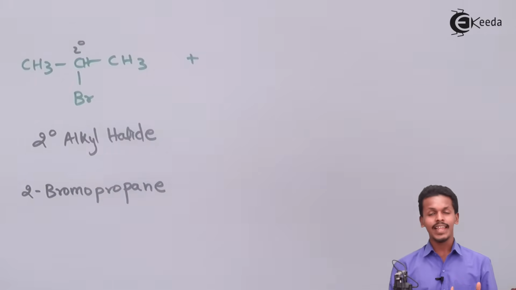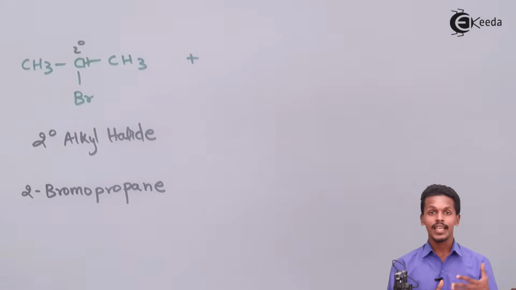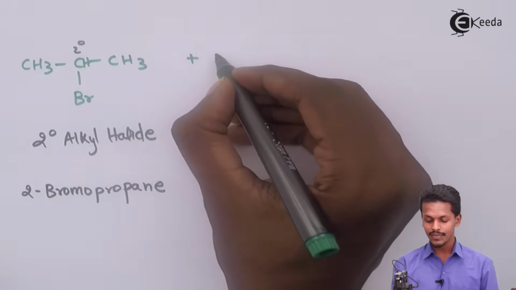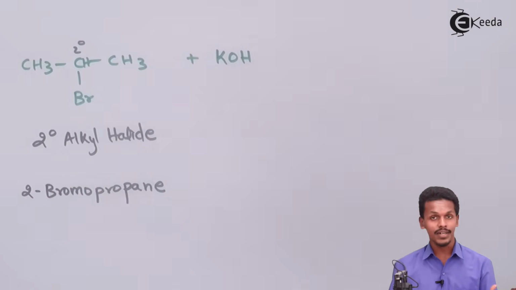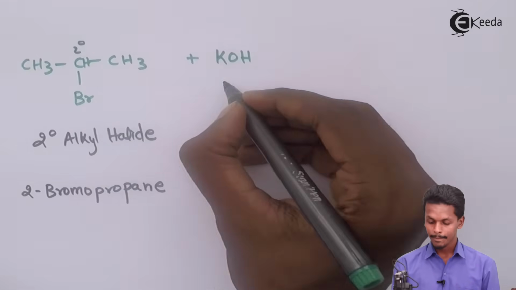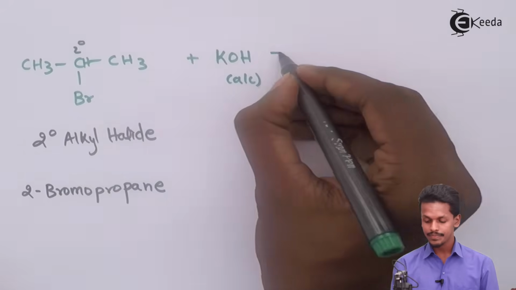This is basically an alkyl halide, and to form an alkene, obviously it has to undergo the process known as dehydrohalogenation. But this is only possible if we use a proper reagent. So in this case, we are using KOH, that is potassium hydroxide, but the condition should not be aqueous; it should be alcoholic.